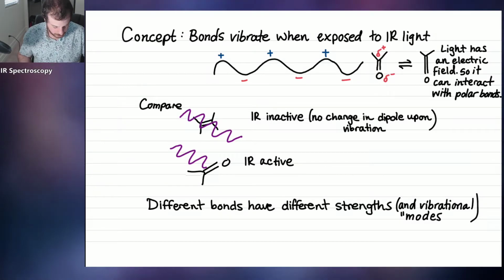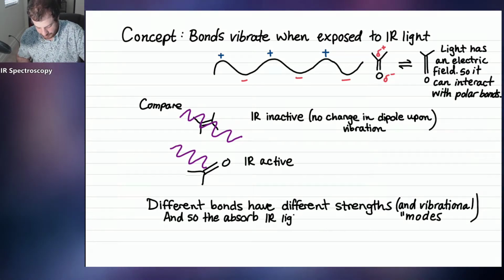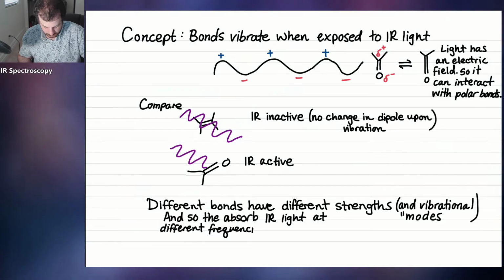And so they absorb IR light at different frequencies. You can imagine if the bond is really strong, it's going to take more energy to cause it to vibrate, which means the amount of IR energy that you need is going to be higher. So by detecting the slight differences in these frequencies that are absorbed, we can kind of figure out an idea of what types of bonds are inside of a molecule.